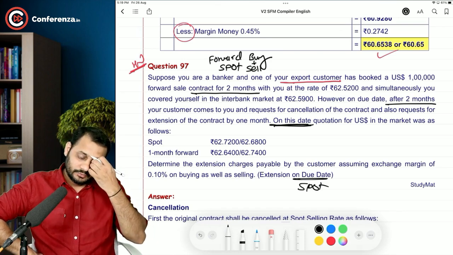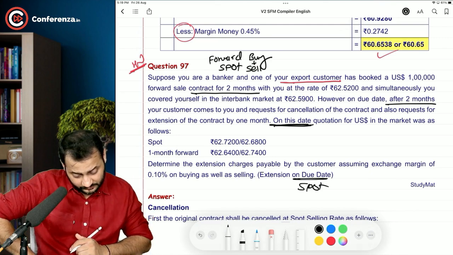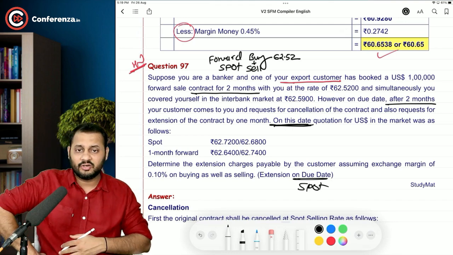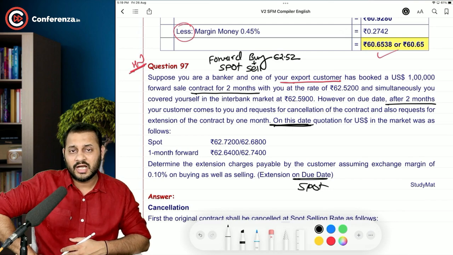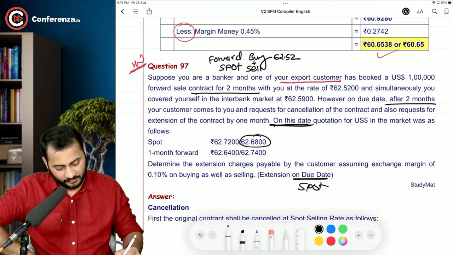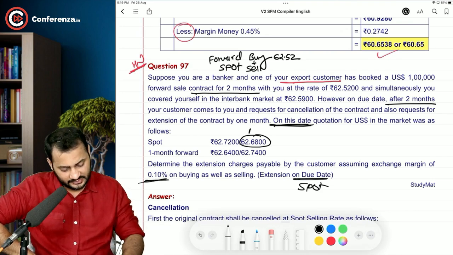Okay, so the original rate with the customer is 62.52. So bank was supposed to buy every dollar at 62.52. Now bank will sell it at spot 62.68, but we have to adjust the margin 0.10%, and this is ask rate. So 62.68 plus 0.10%, am I right?